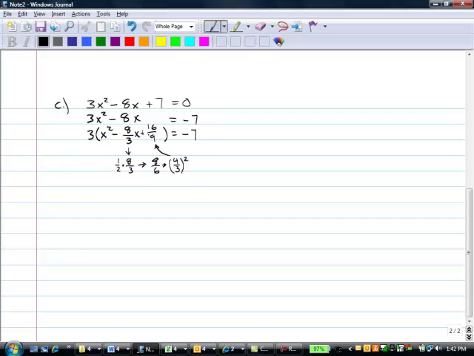And I'm adding it. Now you might be tempted to add 16 over 9 here to keep the balance. When we added values above, we just added them to the right side to keep the balance. But I'm really not adding 16 over 9. Yeah, it looks like that right here, but if I multiply 3 times 16 over 9, that's what I have to do. There's this 3 out here that distributes to 16 over 9.